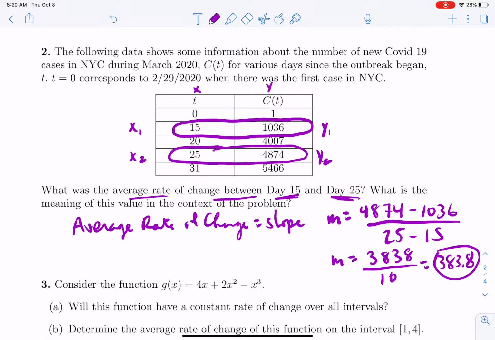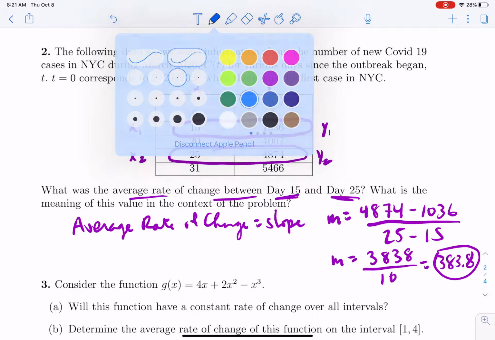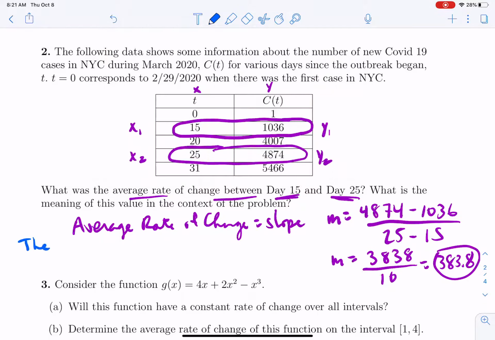So what does that mean in the context of the problem? Let me do this in a different color, because a lot of times with these problems we want to write it out in a sentence so we can understand what that number means.